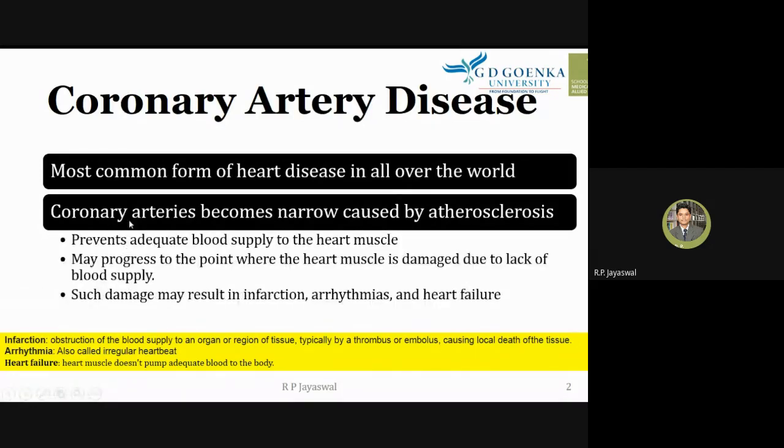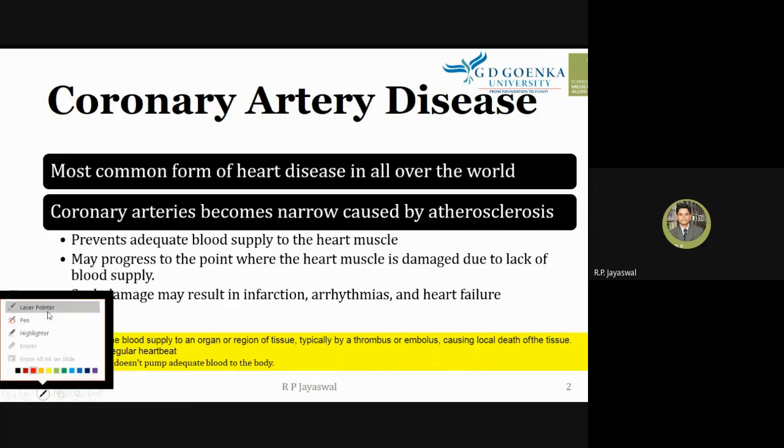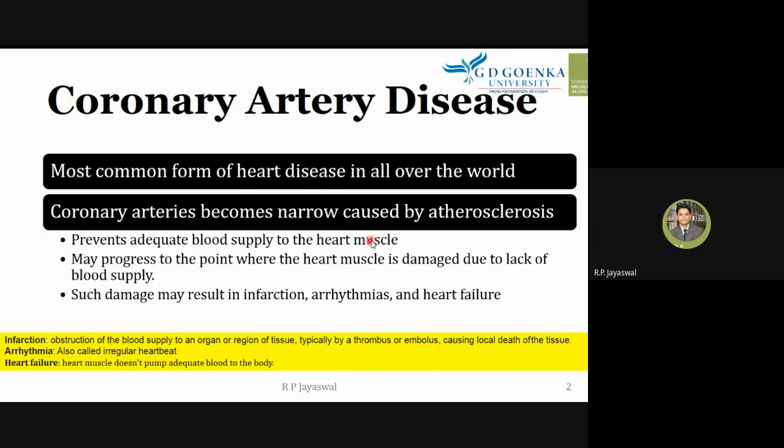When it becomes narrow, it prevents adequate blood supply to the heart muscle. We need to understand that once the coronary artery becomes narrow, it prevents the supply of blood to the heart muscles, or it will not supply adequate blood.